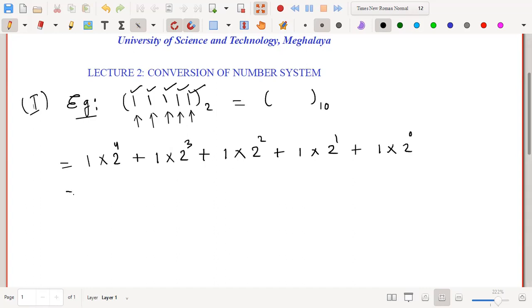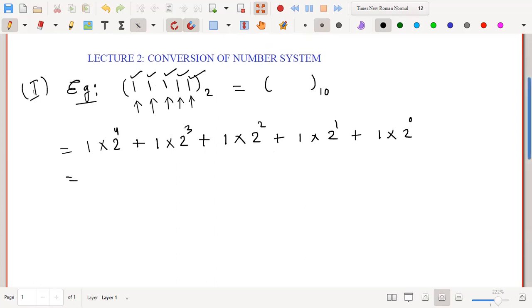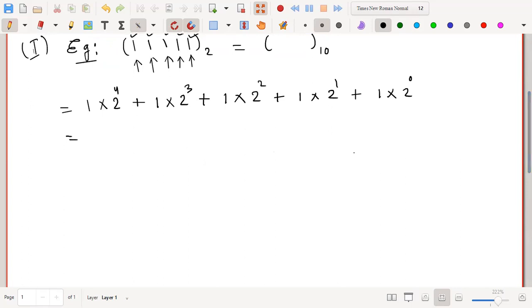So here we have 1 into 2 to the power 4. If you multiply 2 to the power 4 into 1, you get 16, plus 8, plus 2 to the power 2, that is 4, and 4 into 1 is 4, plus 2 to the power 1 is 2, plus 2 to the power 0 is 1, and 1 into 1 is 1.